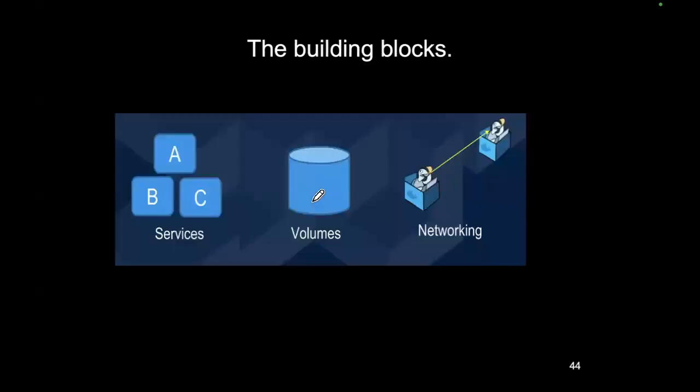Docker Compose is based on three building blocks. Services, which are the individual containers that make up our application. Networking, obviously we know the importance of the role of networking in a multi-container application.